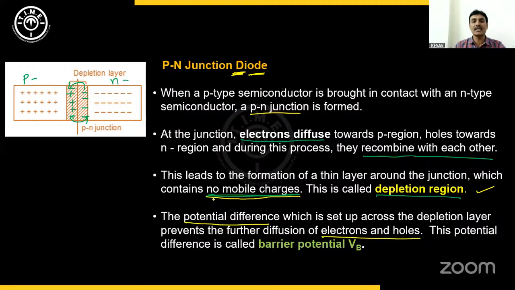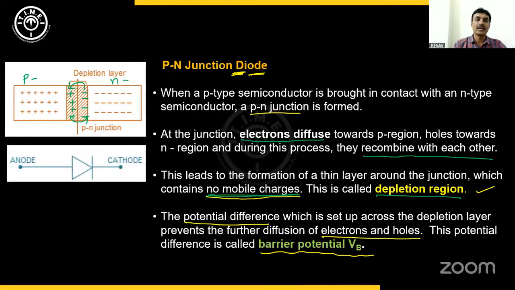This potential difference is called the barrier potential, denoted by VB. Understood? So for every PN junction diode, there is a certain barrier potential, the potential difference across the depletion region.